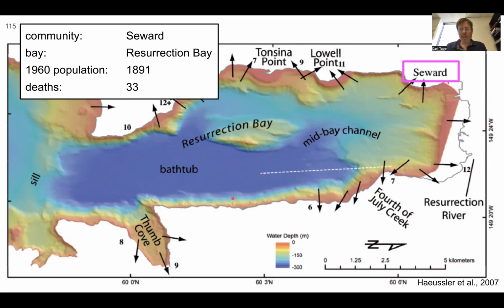And it's the instability of the slopes on here that ultimately caused these submarine landslides to create local tsunami waves. So here we are, Seward, Resurrection Bay. The 1960 census population was 1,891, and 33 deaths occurred in Seward from the 1964 tsunami.